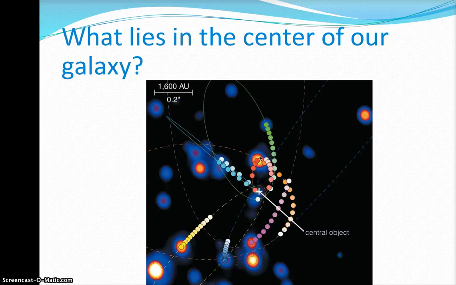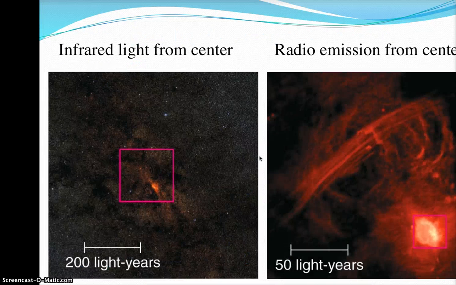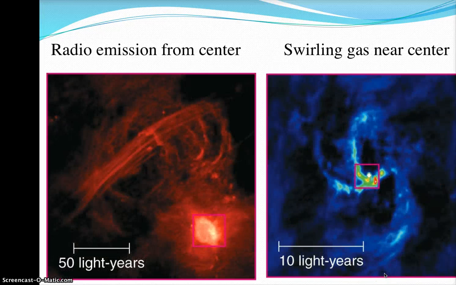Finally, let's take a look at what might be at the center of our galaxy. You might be surprised to hear that when we look at the center of our galaxy in different wavelengths, we get some signals about what might be going on. There's some infrared light. There's also some radio emissions from the center of our galaxy. And we also see that gases are swirling around the center of our galaxy.